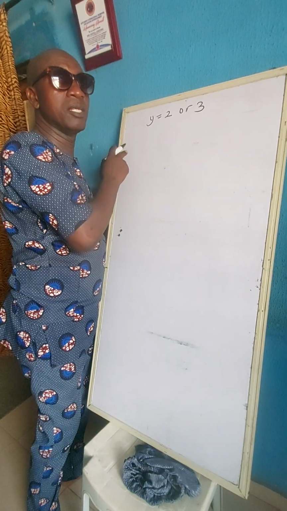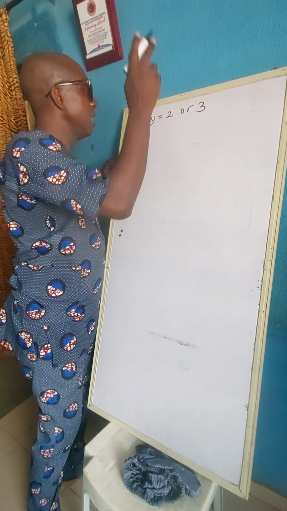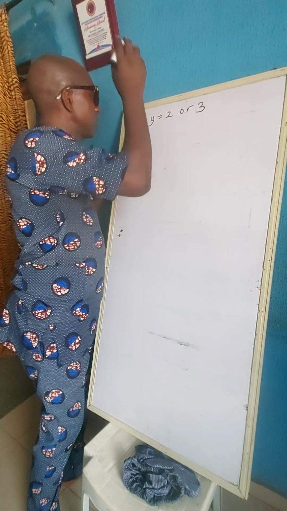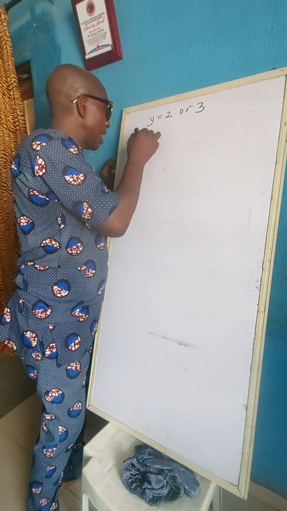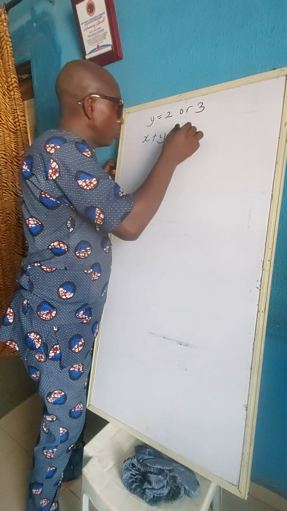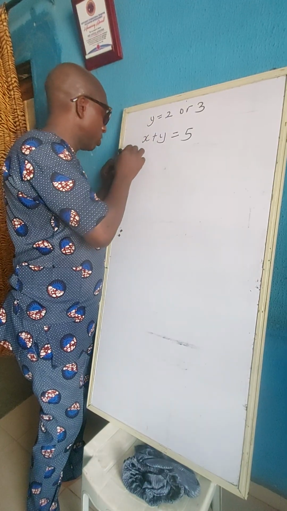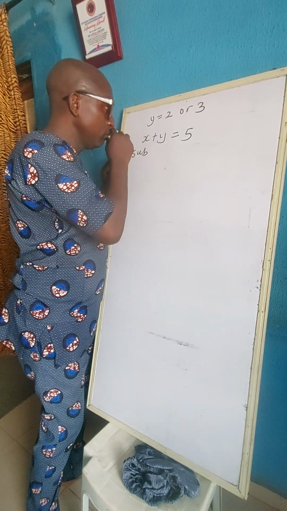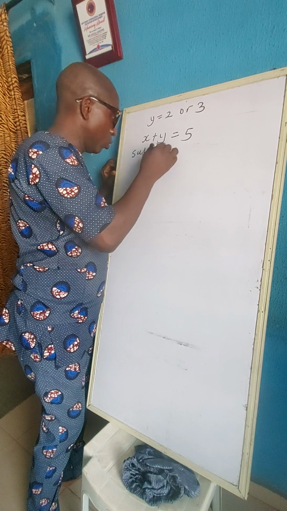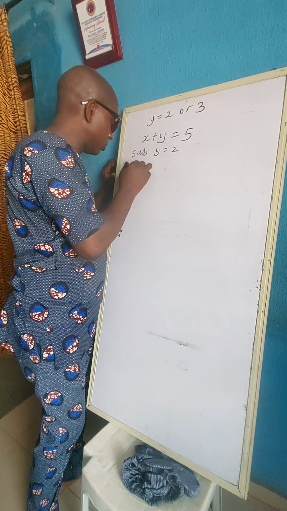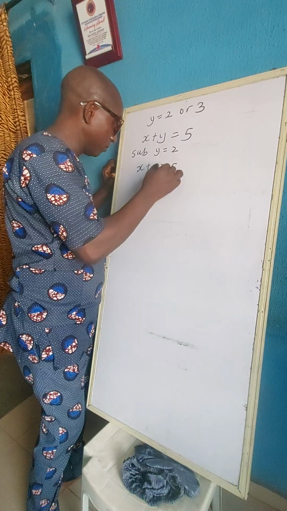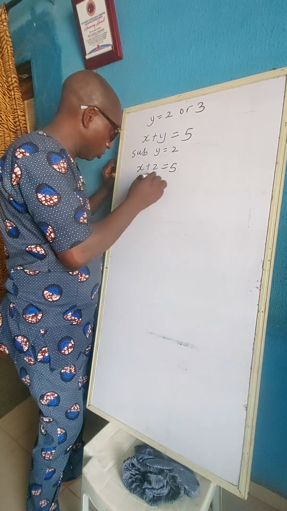Our y is 2 or 3, and we want to get the value of x. Take note, the first equation says x plus y equal to 5. Once you substitute, solve. y equal to 2 means x plus 2 equal to 5. That means your x equal to 3.